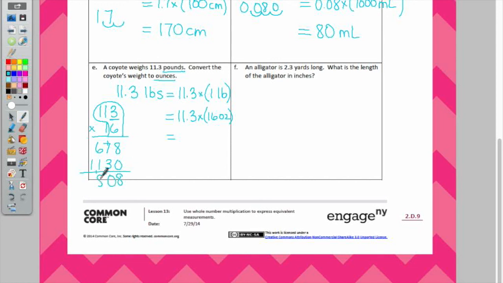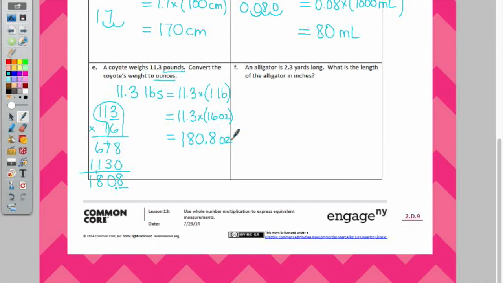Okay. I'm at the end. How did you get 6, 7, 8? Because I regrouped. 3 times 6 is 18. Add the 1. Okay, so 180 and 8/10 ounces.